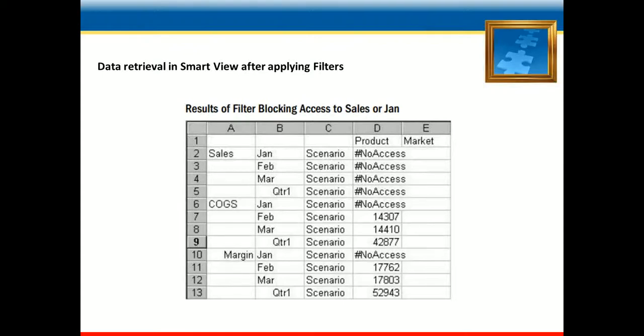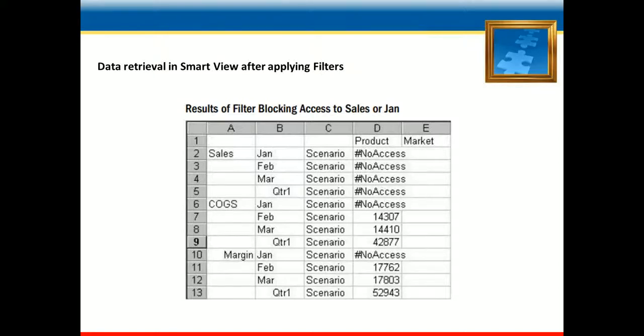If those particular permissions are assigned, and the user logs in to the add-in or Smart View and tries to retrieve the data, he will see that particular data retrieval as you can see in the slide. The example is about blocking access to the sales and January intersection.